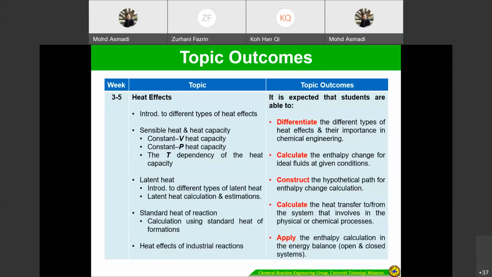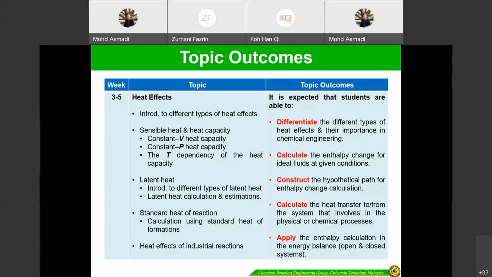And then latent heat, standard operation, also heat of the industrial reaction. Since no reactions occur at ambient temperature or ambient pressure, the reactions for industrial processes are sometimes at high pressure and also high temperature.